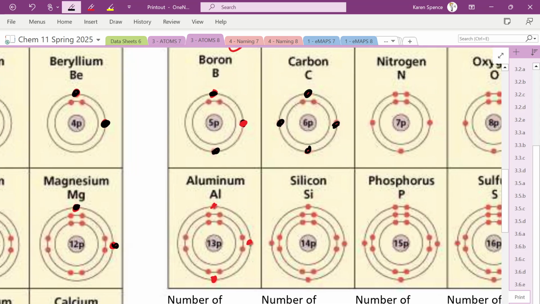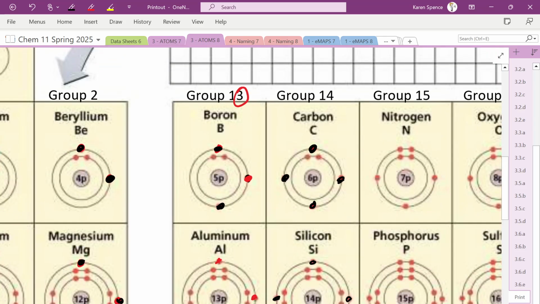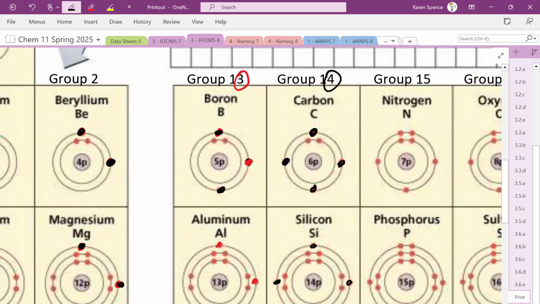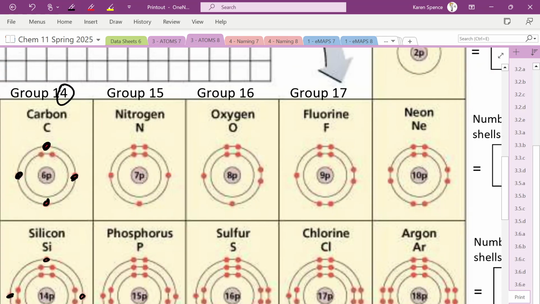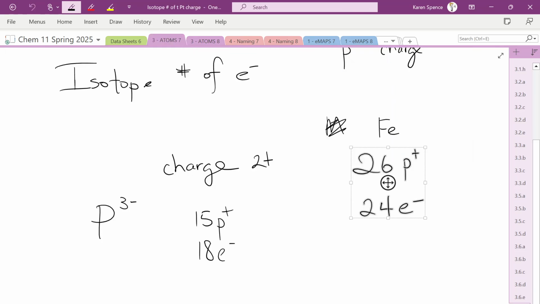Is this making sense? And then silicon has 4. So you don't have to be thinking about how many electrons it has and which are in the outer shell. You just use the group number 14 to say there's 4 electrons in the outer shell. You use the group number 17 to say there's 7 electrons in the outer shell.